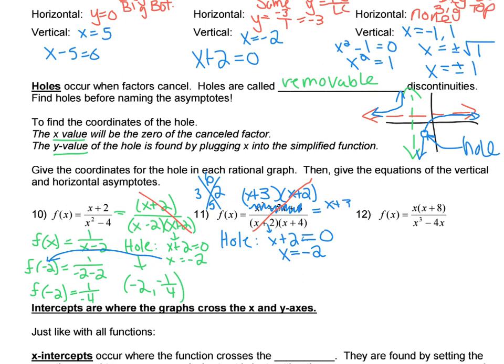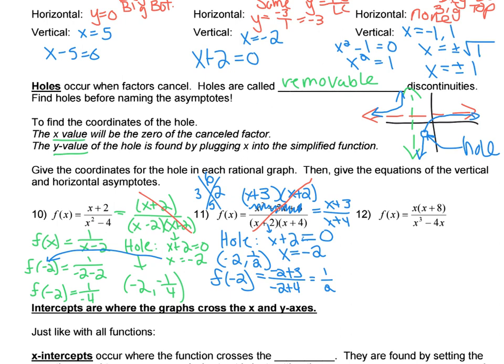Since we canceled the x plus 2, we're going to take x plus 3, leave it in the top, and x plus 4, leave it in the bottom. Now we need to find the y value by plugging in our negative 2. So f of negative 2 is negative 2 plus 3 over negative 2 plus 4. So our y value is actually going to be 1/2. So our hole is negative 2 comma 1/2.